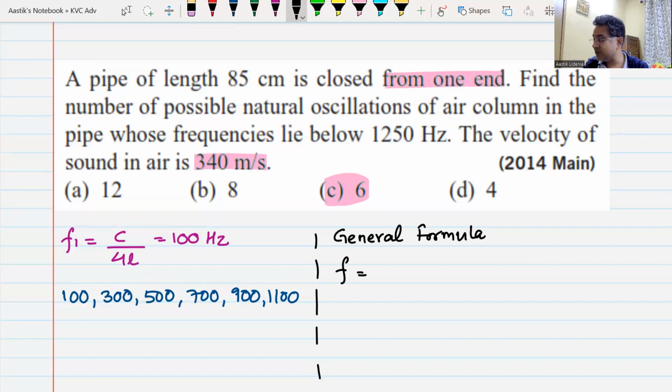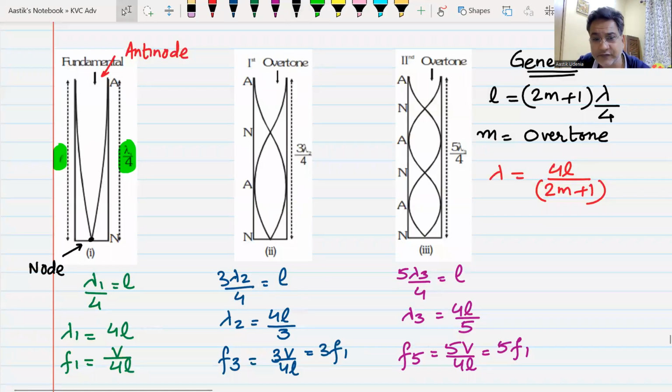This was the general formula for the wavelength. What will be the general formula for the frequency?